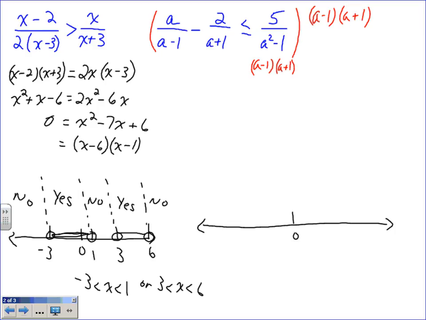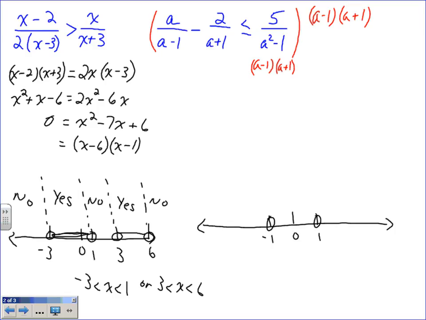I don't know what my answers are going to be, but I do know that I cannot use 1 or negative 1 no matter what. Here's 1, here's negative 1, and I can't use those values no matter what. They have to be open circles. We have no choice.